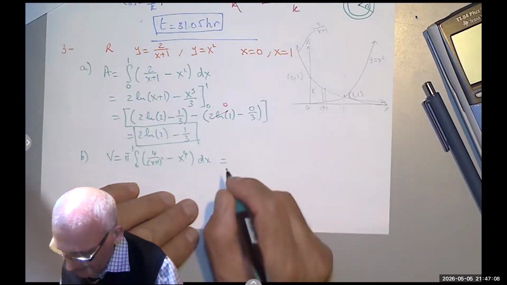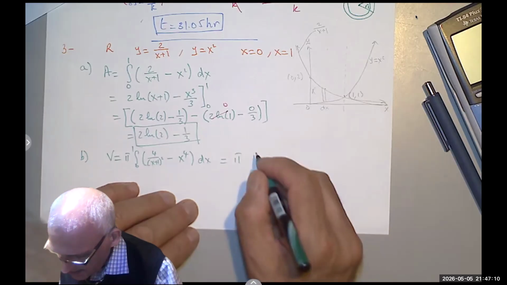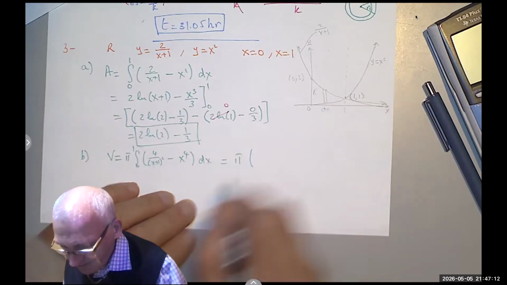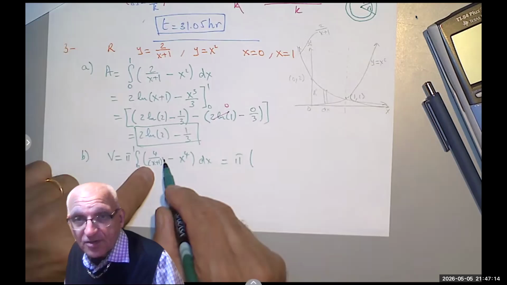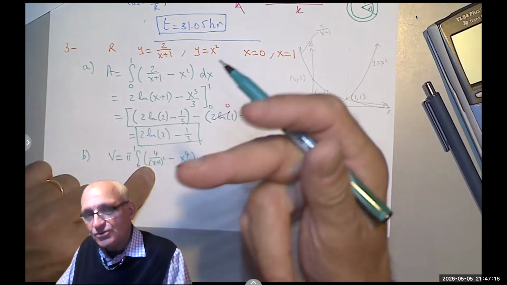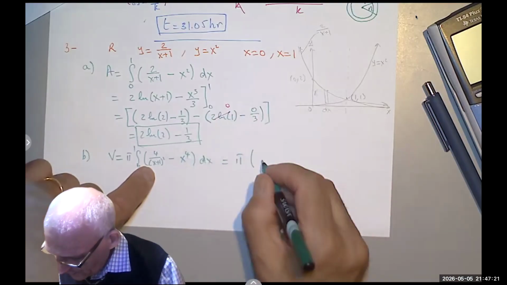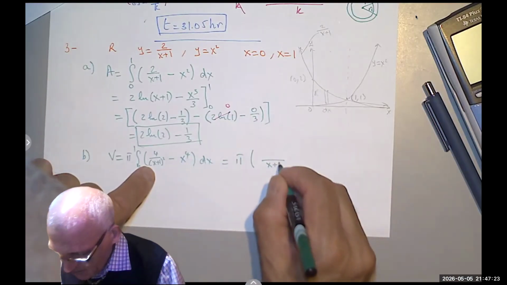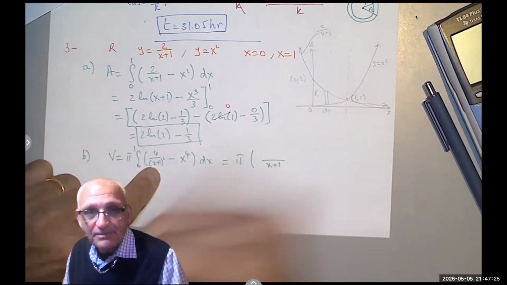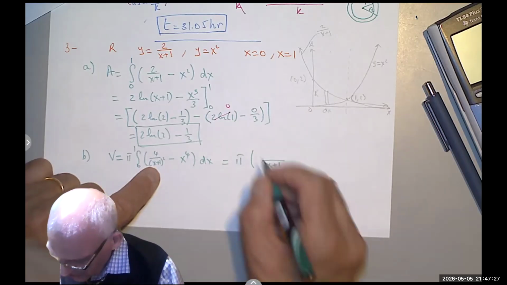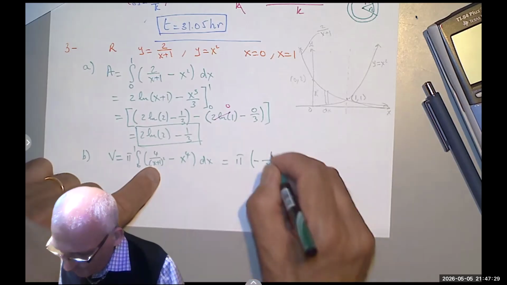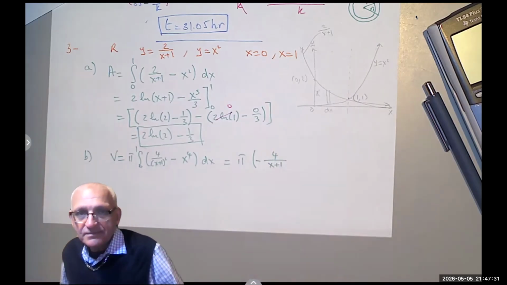So let's integrate that. Pi times. This is x plus 1 square, or x plus 1 to the negative 2. You raise the power by 1, you get x plus 1 over negative 1, meaning without the square, divided by negative 1. So this becomes negative 4 over x plus 1, right?